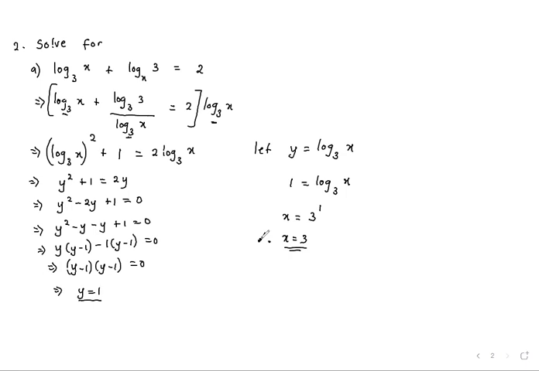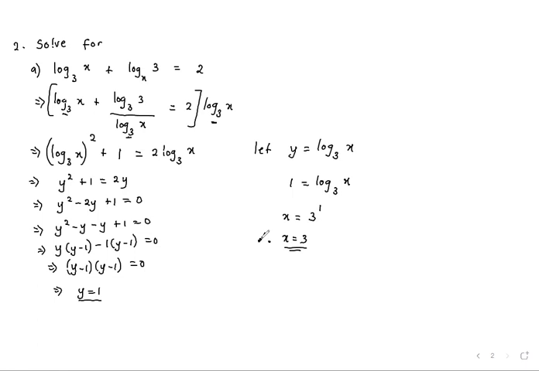So the key thing is that when the bases are different, you first change the base, you fix one base and change the other. So we've chosen to fix the constant base and change the variable base. So we change log x base 3 plus log 3 base x.